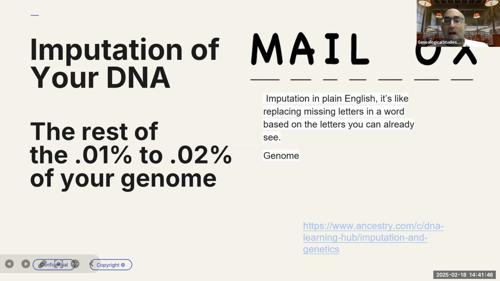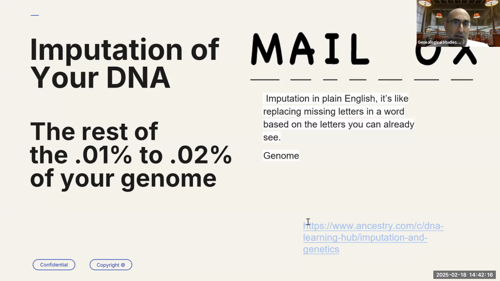For example, we all can see that this word is mailbox. What is missing? The B. So it does a very, very similar thing. In plain English, it fills in the rest of the letters of your DNA. Now, you have to remember when you impute your DNA, it is basically a guesstimate. It's an estimation.